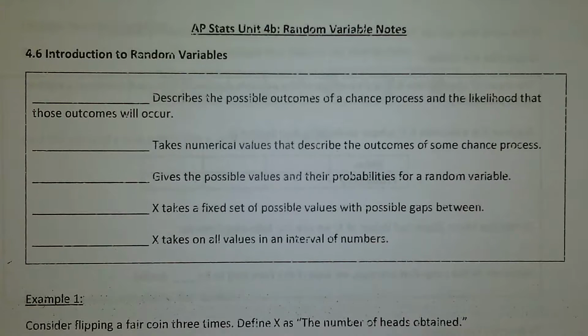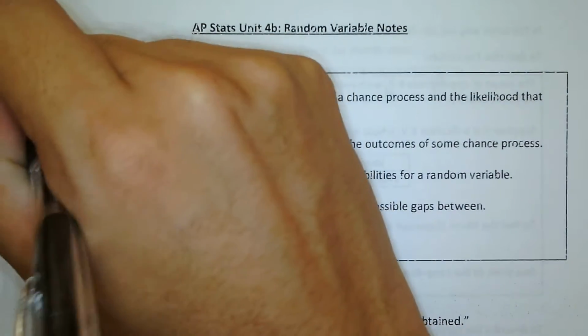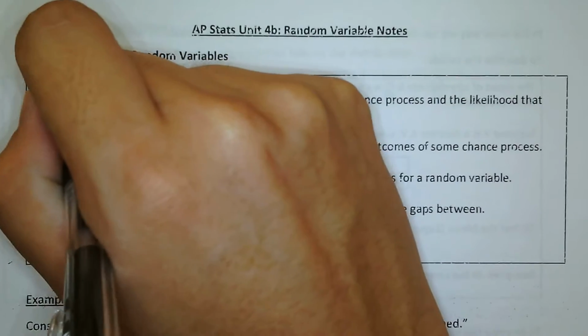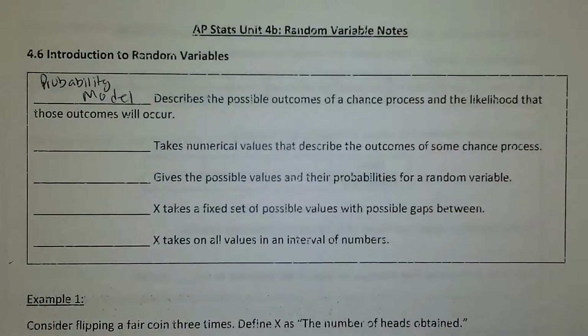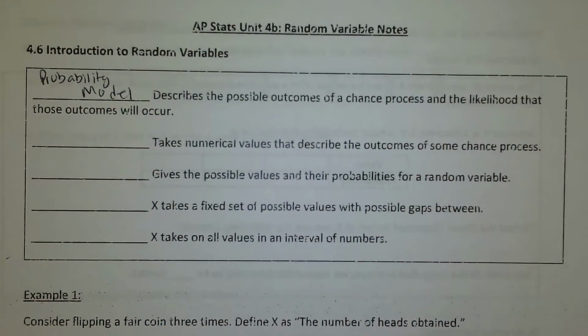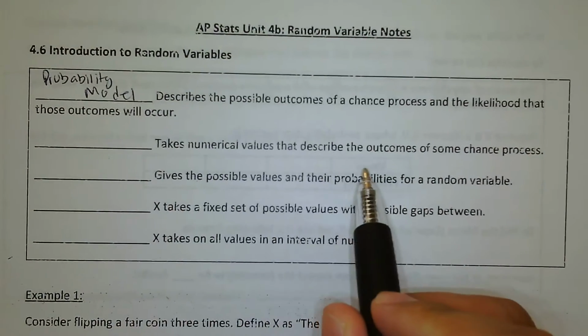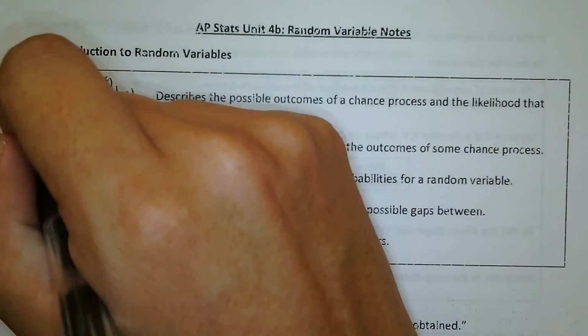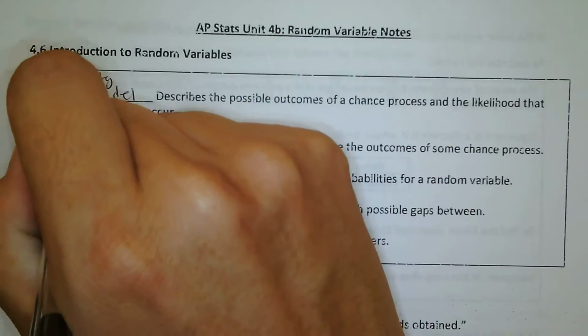So the first one being a probability model. This describes the possible outcomes of a chance process and the likelihood that those outcomes will occur. This is what we call a probability model. Something that takes numerical values that describe the outcomes of some chance process, as previously stated, is what we call a random variable.